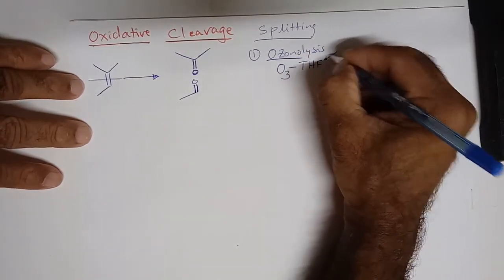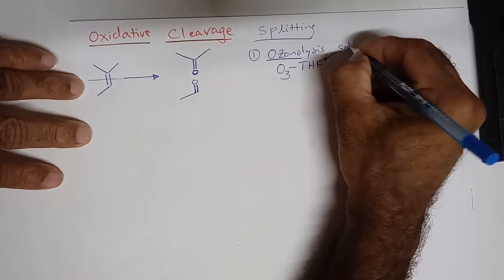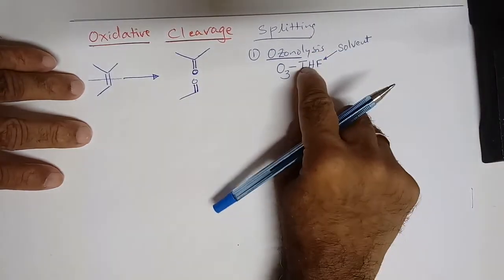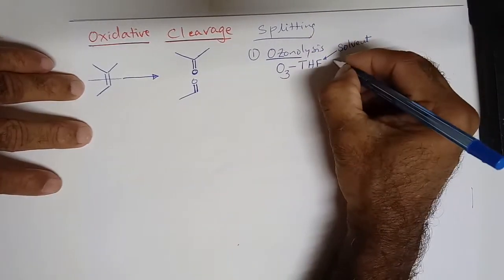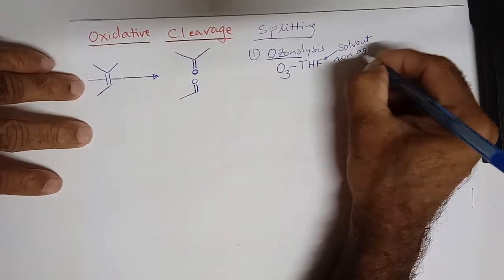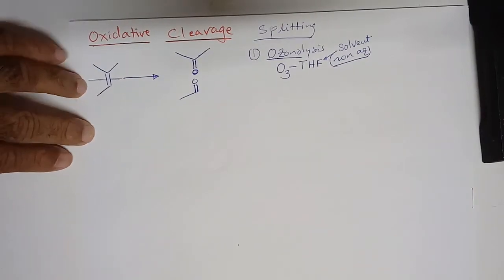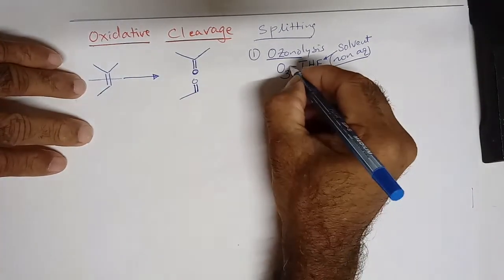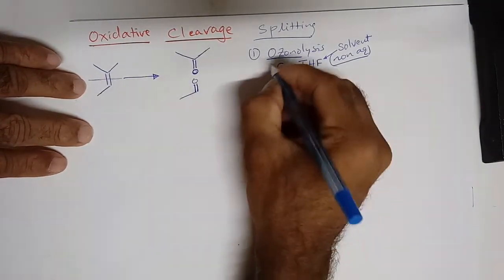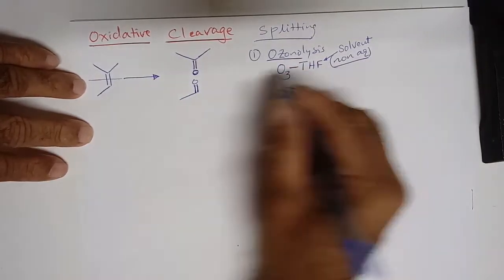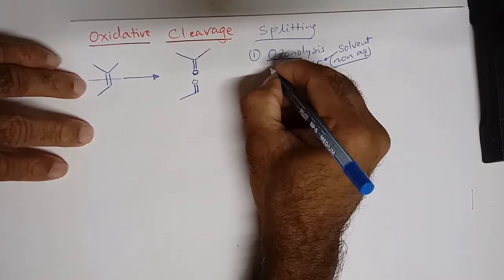It's a solvent. Don't get bothered by that. Just be aware that it is not water. It's non-aqueous. That's important, but not something you need to worry about at this point. So it needs to be understood that this is not done in water. That is step number one.